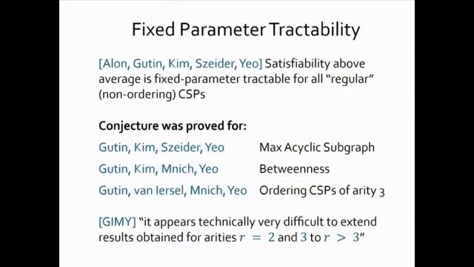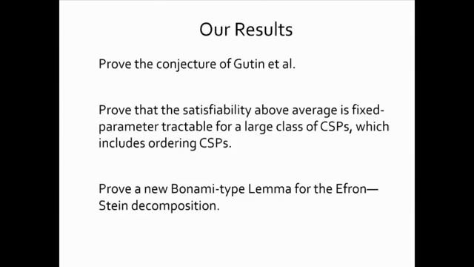However, in general, the problem seems to be much more difficult, and in particular, Gutin et al. noted that it appears technically very difficult to extend results obtained for arities 2 and 3 to arities greater than 3. And in this paper, we show that this conjecture is true for ordinary CSPs of all arities.